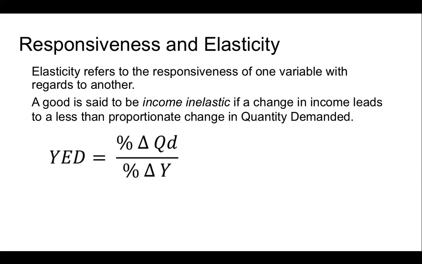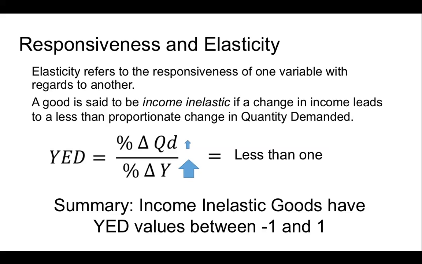Well, if we put our formula in here like this, and we have a big increase in income, and we only have a small increase in quantity demanded, then we would say that this is not a very responsive relationship. We'd have a bottom-heavy fraction, which is less than 1, which is to say that this is an inelastic product in terms of income. So, in summary, income inelastic goods have YED values somewhere between -1 and 1, because they're always going to be bottom-heavy fractions.